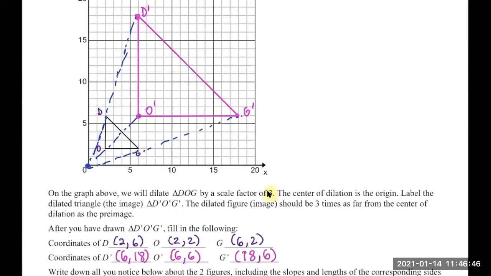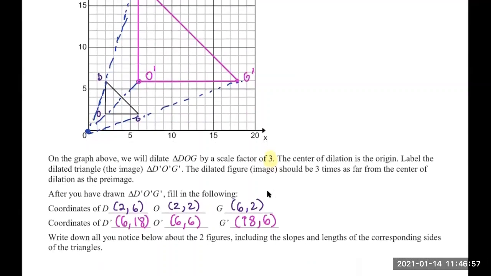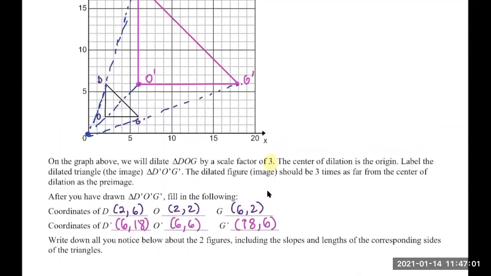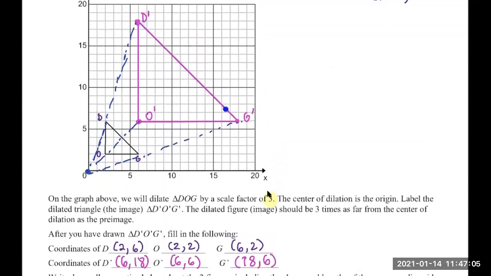And so if that's undefined, what's the slope of OG and O prime G prime? Okay, 0. So therefore it is 0 for both of those lines. And then we see that the slope that connects D to G and D prime to G prime also happens to be the same thing.